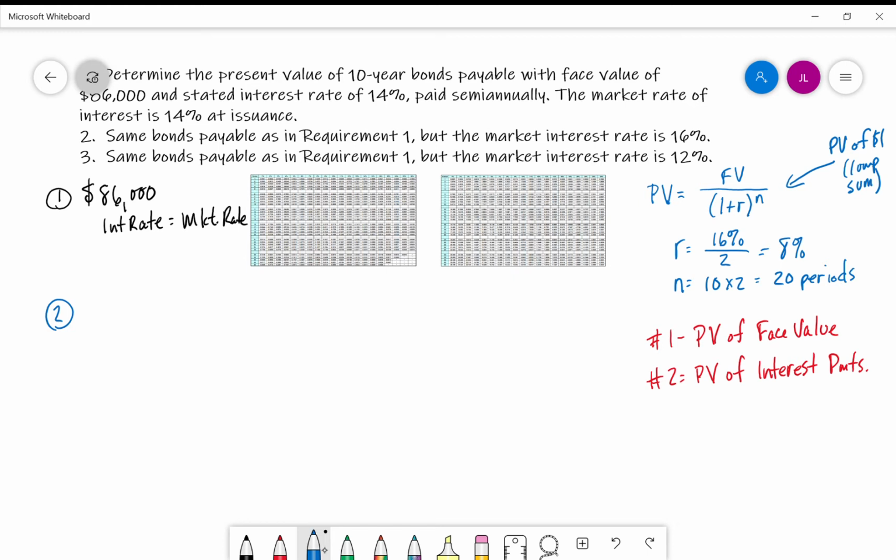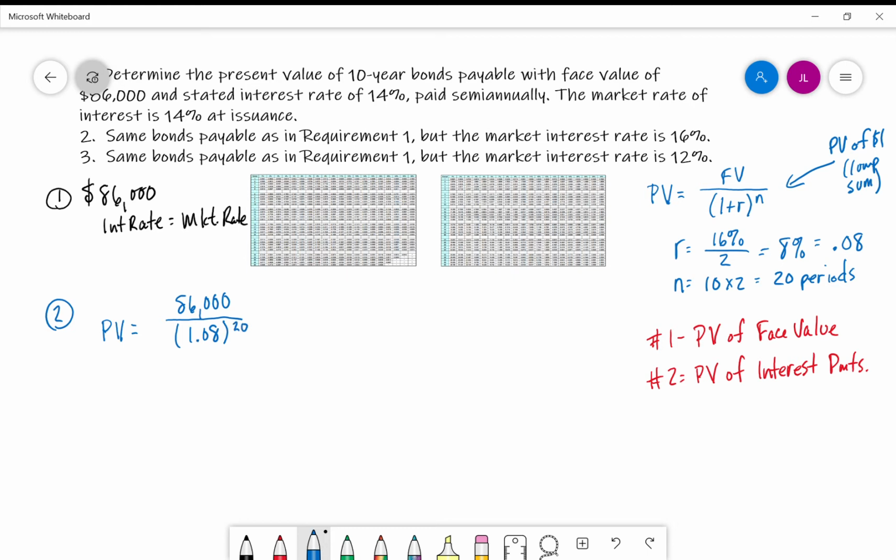So to set this up, we know the future value is $86,000. So it's equal to 86,000 over 1 plus R. Well, our rate is 8%, which decimal equivalent is 0.08. So we'll have 1.08. And in N, we have 20 periods.